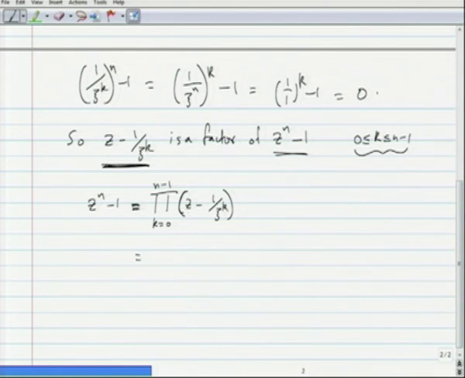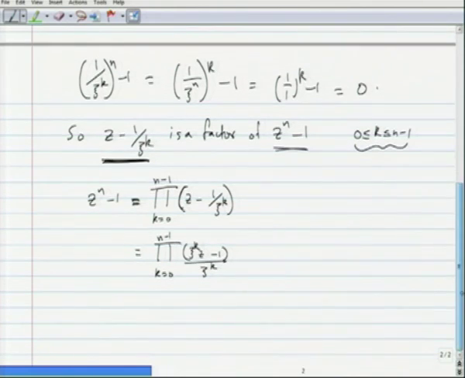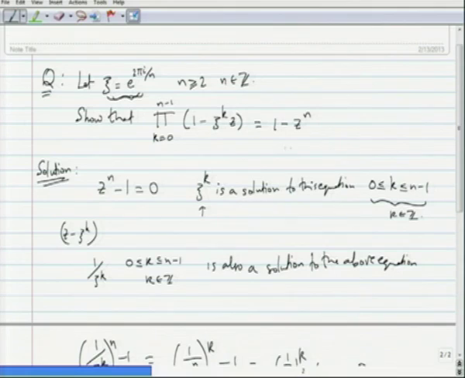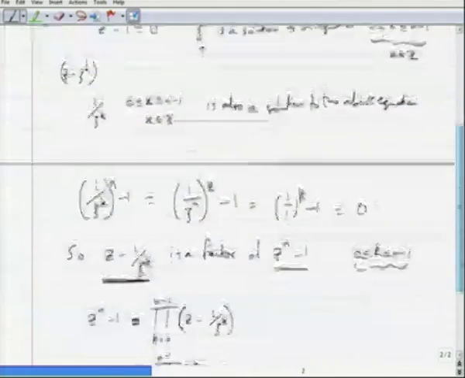Now I will clear the denominator to get the product from k equals 0 through n minus 1 of zeta power k z minus 1, divided by zeta power k. Now this looks almost like what I want, but what I want is the product of 1 minus zeta power k times z equals 1 minus z power n.